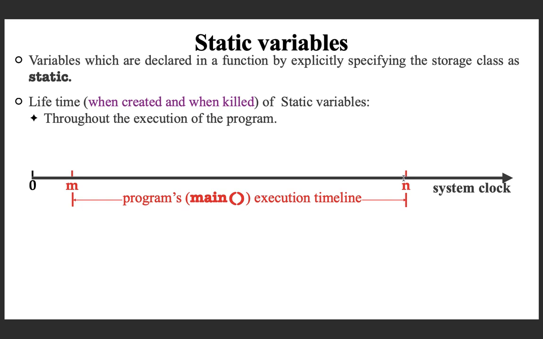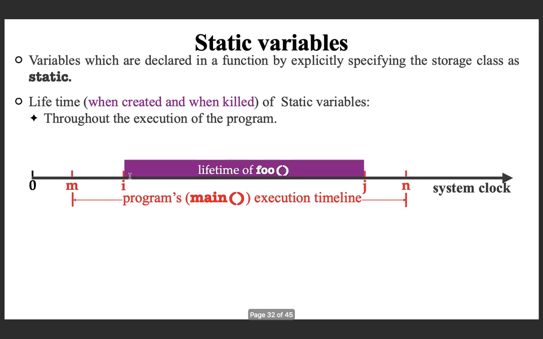When we say the program's execution, it is the execution of the main function, because it is a C program. Now assume that after some time the main function makes a call to the function foo. The foo is called at this particular point i, and it terminates at time point j. So this is an assumption.